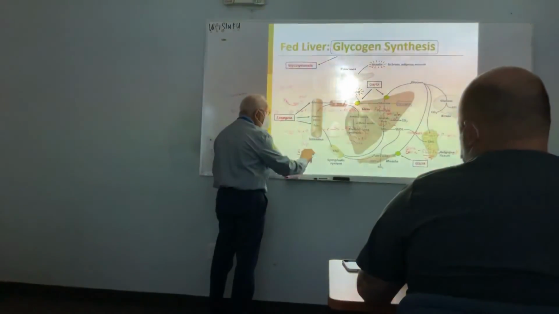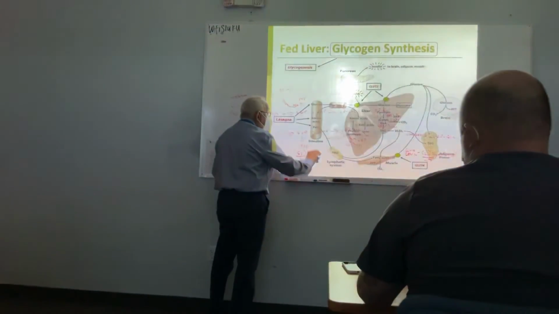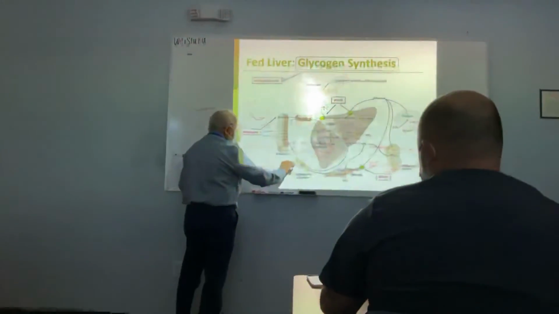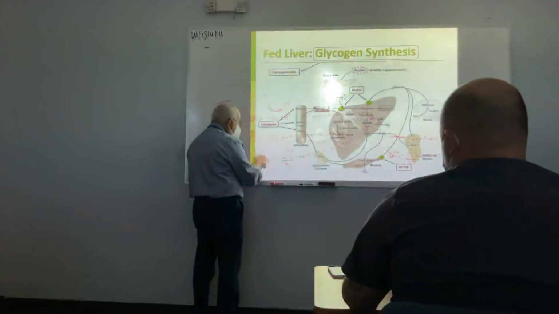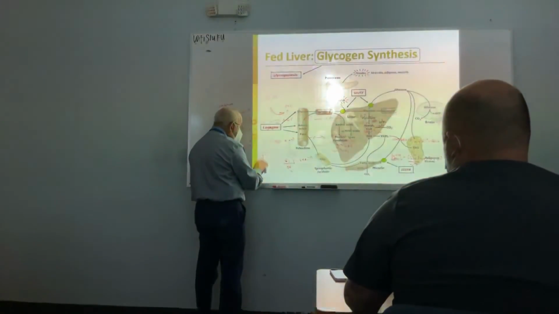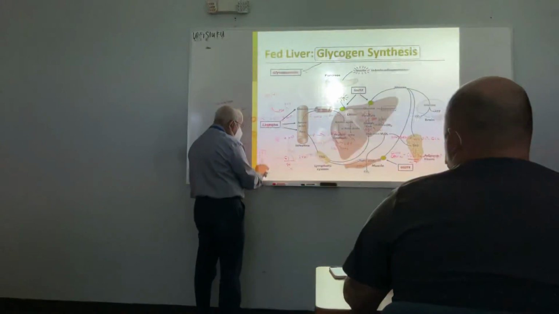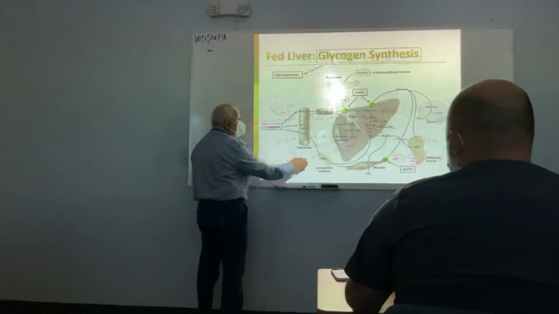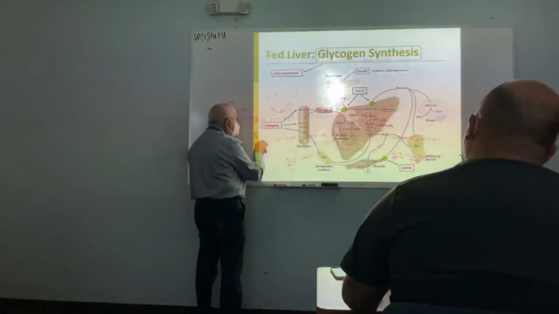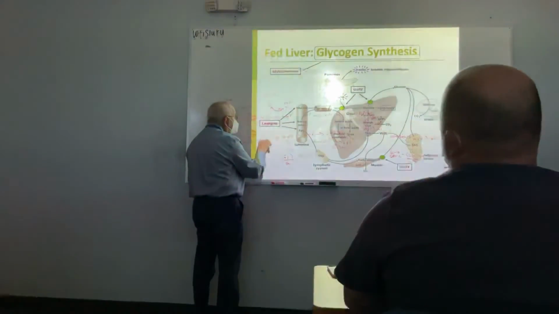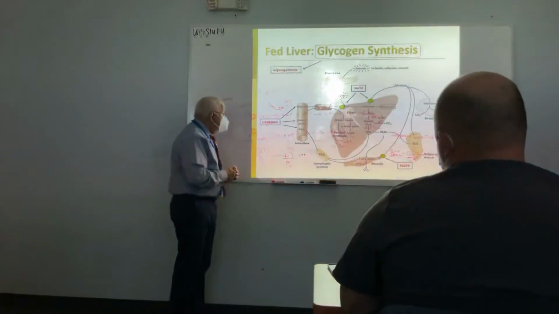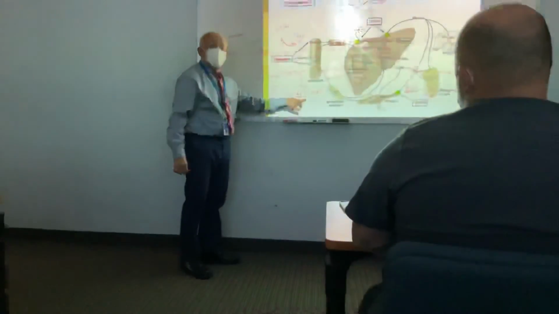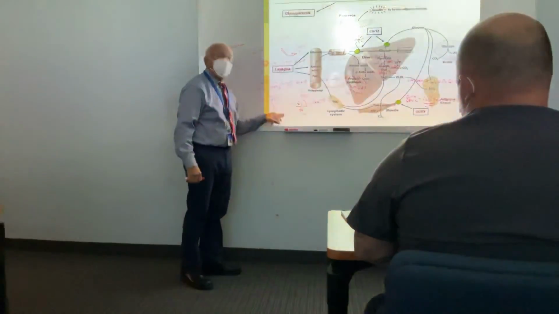This is the only one where the synthesis can go up. But if we put a phosphate on it, the synthase that was up is no longer active. See that? So you need to know what the enzyme is that converts the A into the B.